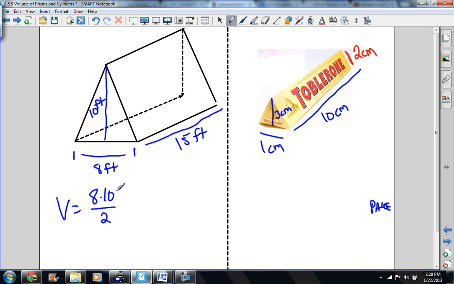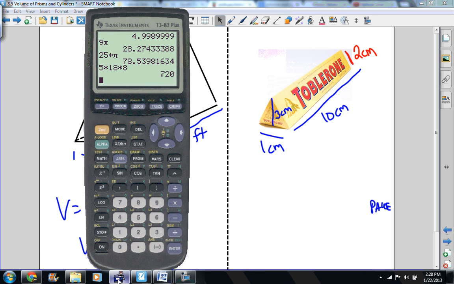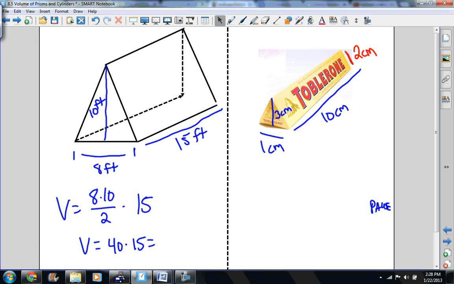That's my front face, times my depth of 15. Well, 80 divided by 2 is 40. So my volume is going to be 40 times 15, which is a big number. 600. And the label is going to be feet cubed.